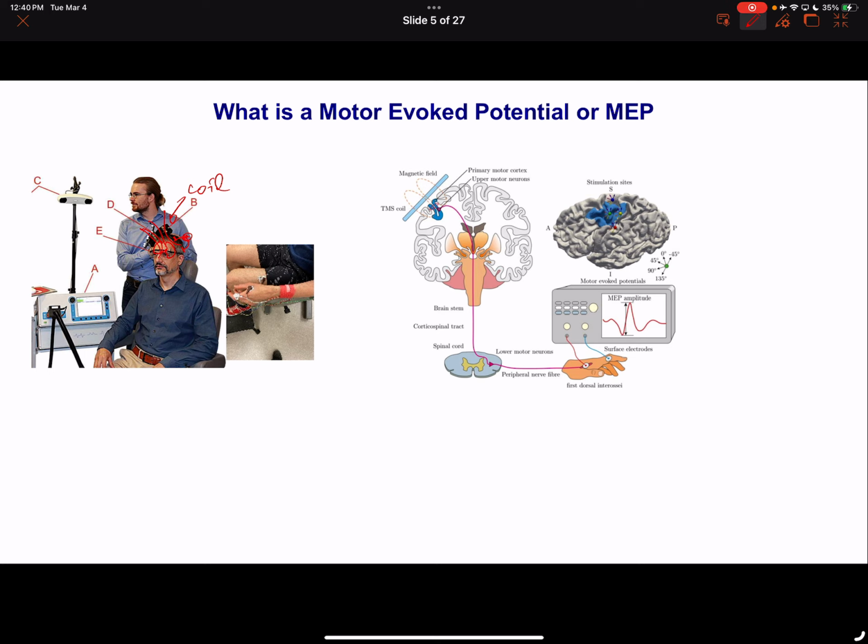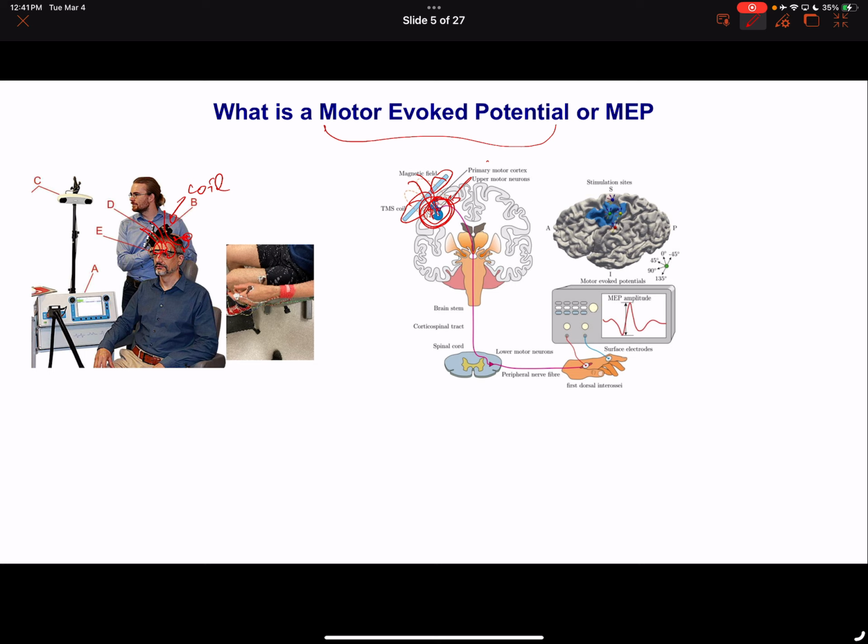In particular, there's an experiment people do called motor evoked potential, and the idea is very simple. You take the coil and put it right over the motor cortex, somewhere right here, called the hand knob region. This area of the brain is responsible for hand movement. Then you induce a strong magnetic pulse, which triggers and activates the neurons there.